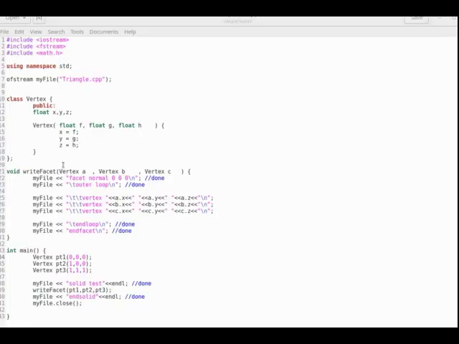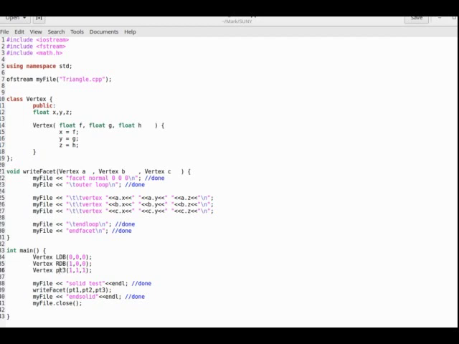Okay. All right, let's go with the coding. So I need some vertices. I'll make a left, down, back vertex. I'll make a right, down, back vertex. That would be that.